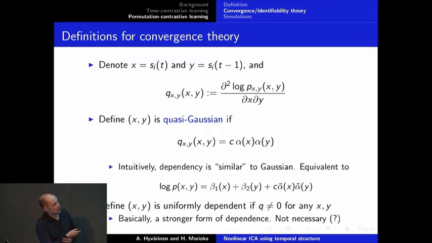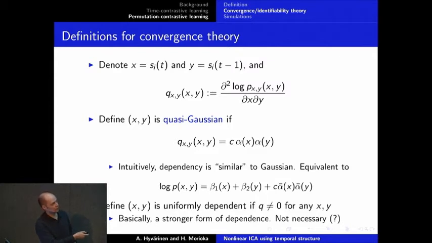Then we also define a stronger form of dependence, saying that xy is uniformly dependent if this cross derivative is non-zero for any x and y. Now, independence would say that this has to be identically zero, and so an ordinary definition of dependence would say that Q has to be non-zero in any set of non-zero volume.